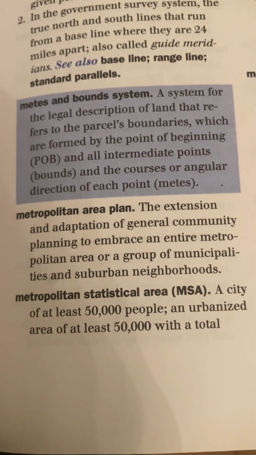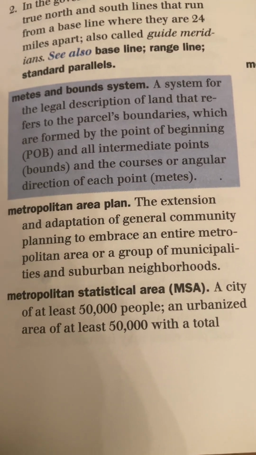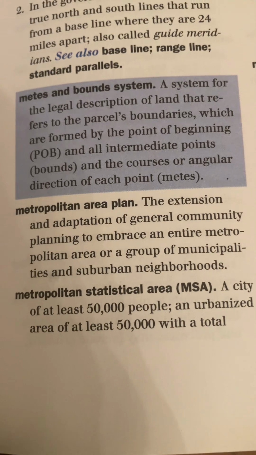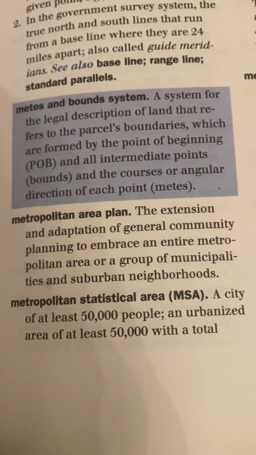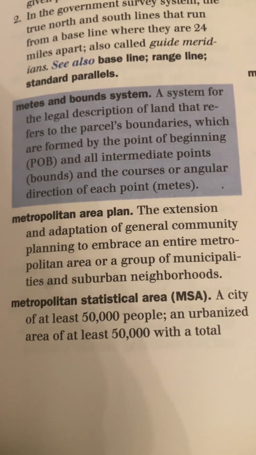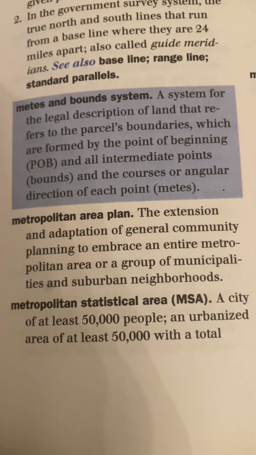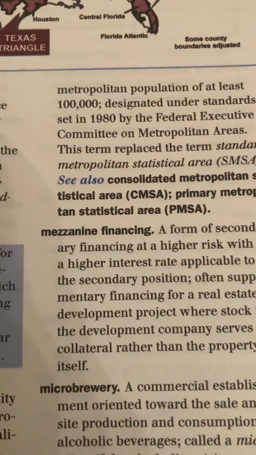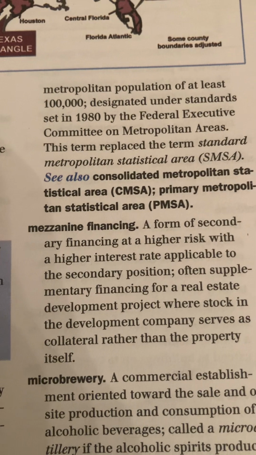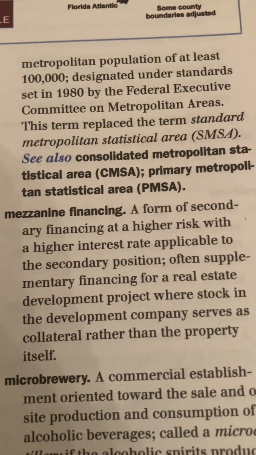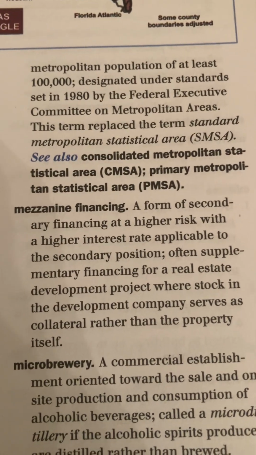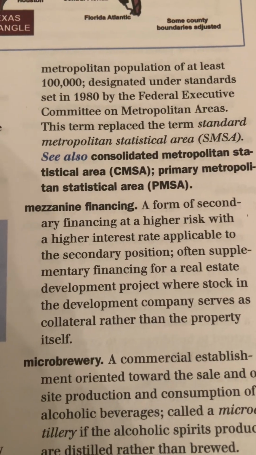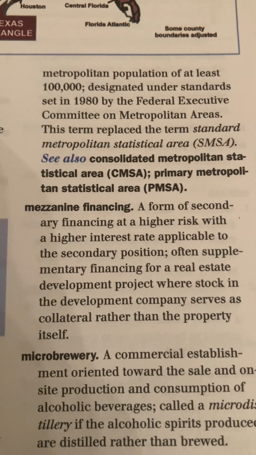Metropolitan Statistical Area. The acronym is MSA. A city of at least 50,000 people. An urbanized area of at least 50,000 with a total metropolitan population of at least 100,000. Designated under standards set in 1980 by the Federal Executive Committee on Metropolitan Areas.